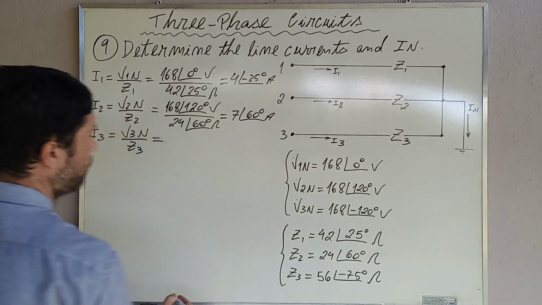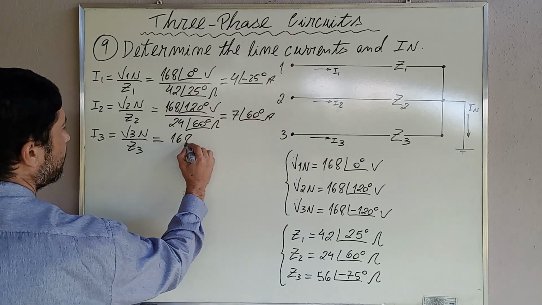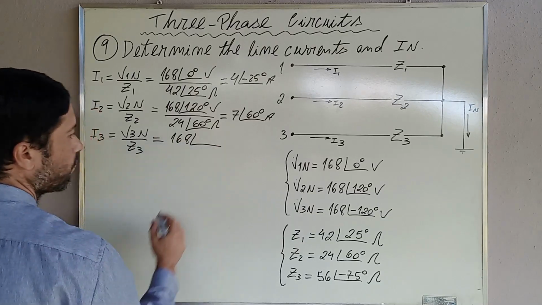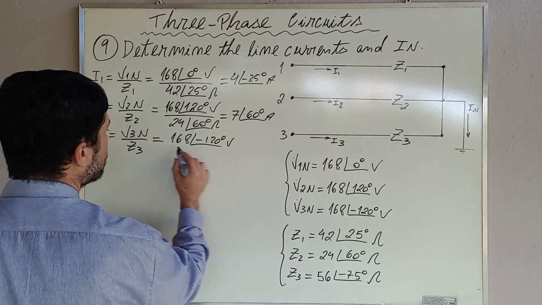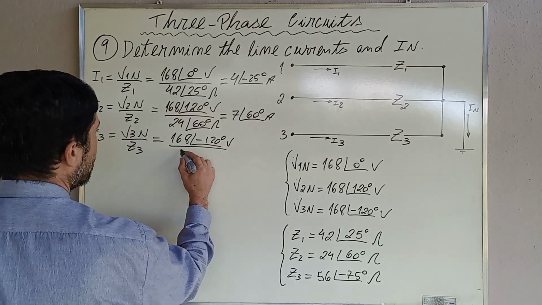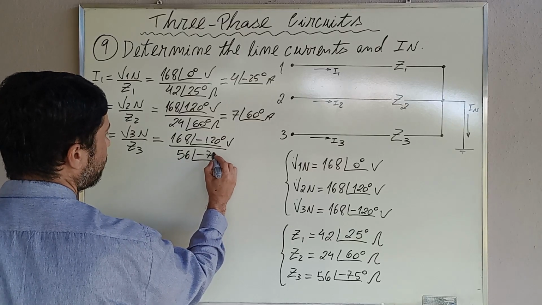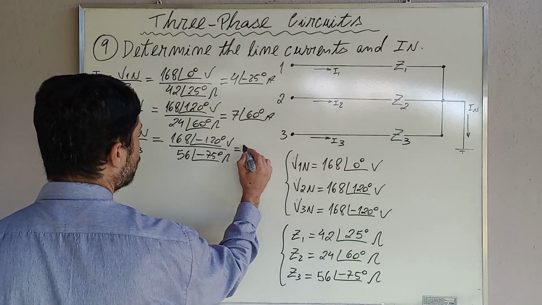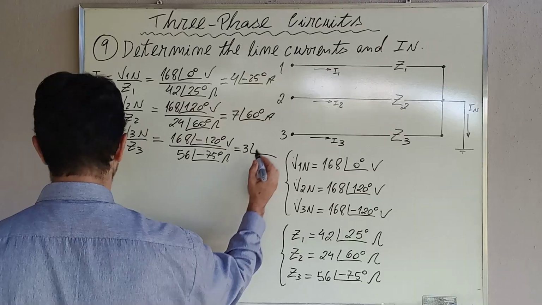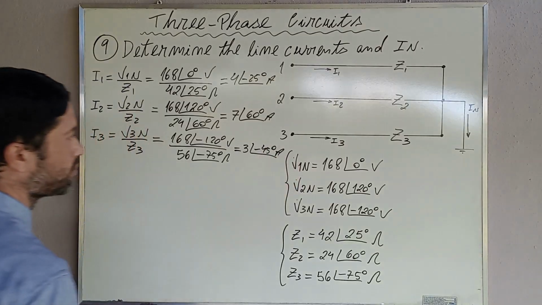And lastly, I3 is equal to 168 phase negative 120 degrees volts divided by 56 phase negative 75 degrees ohms, and this is equal to 3 phase negative 45 degrees amps.